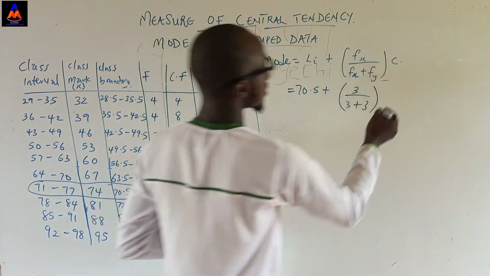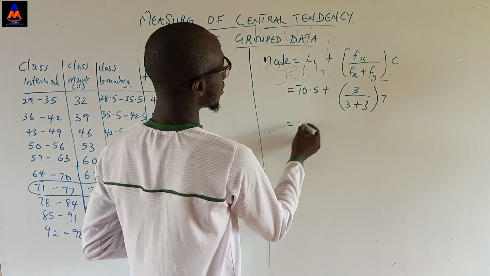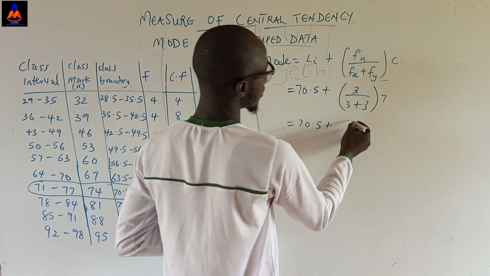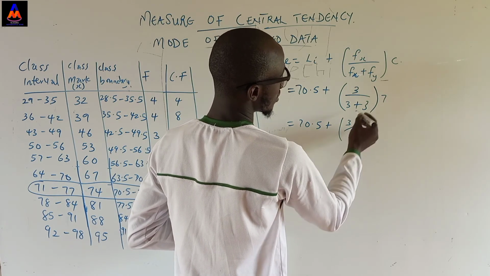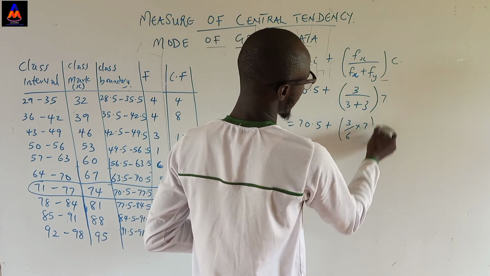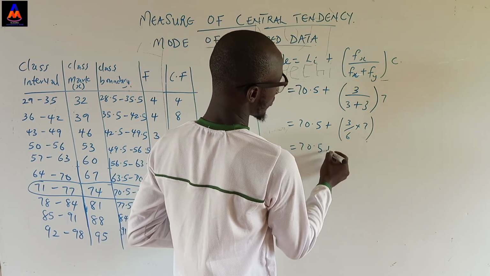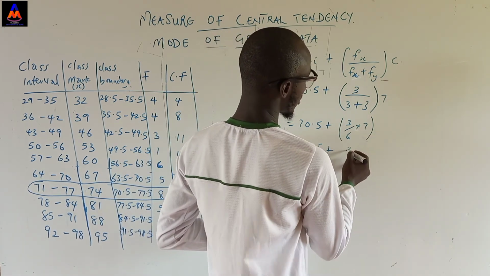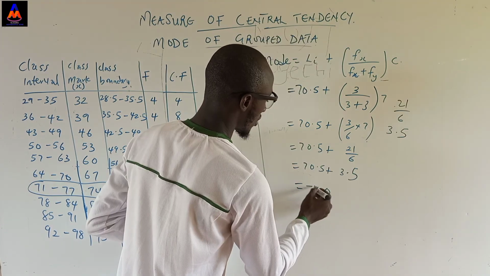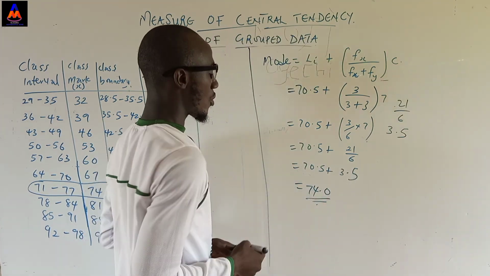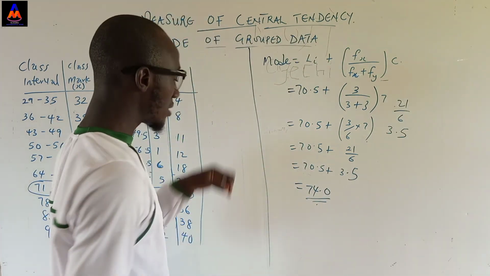Then the class width is 7. So 70.5 plus 3 over 6 times 7. We go through it the same way: 7 times 3 is 21, over 6 is 3.5. So we have 74 as the modal data.